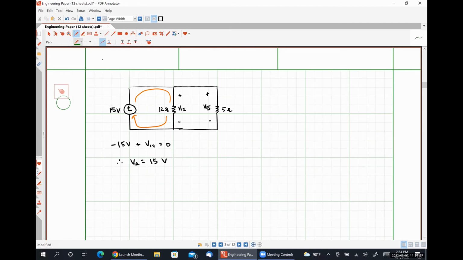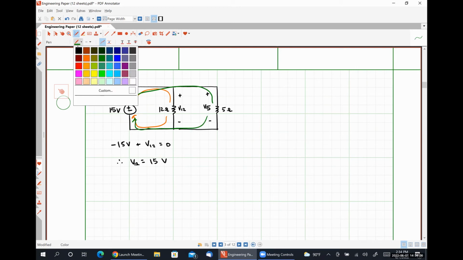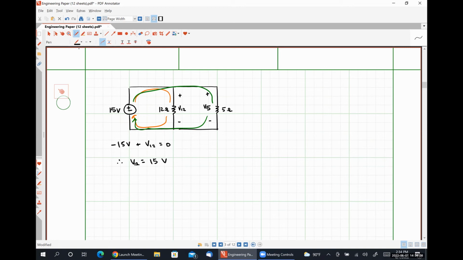Similarly, I could apply Kirchhoff's voltage law around this loop, and I would get negative 15 volts plus V5 is equal to 0, implying that V5 is equal to 15 volts.